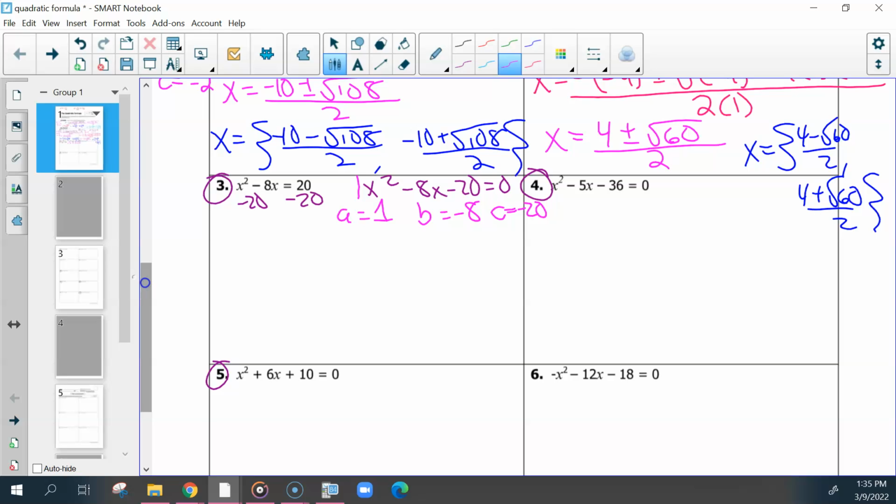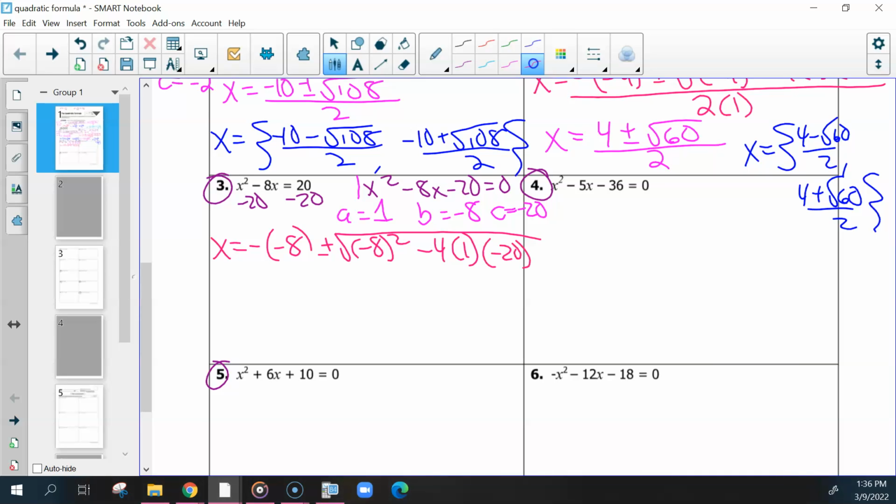Okay, start putting this in your formula. X equals negative b plus or minus the square root of b squared minus 4 times 1 times negative 20, all over 2 times 1.